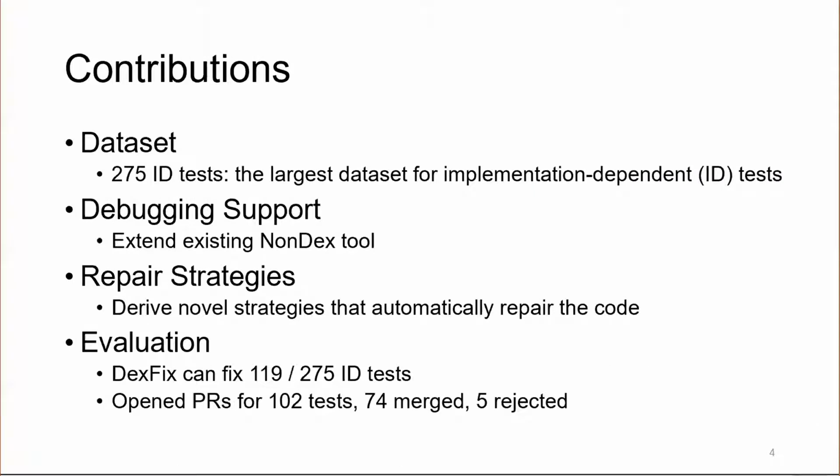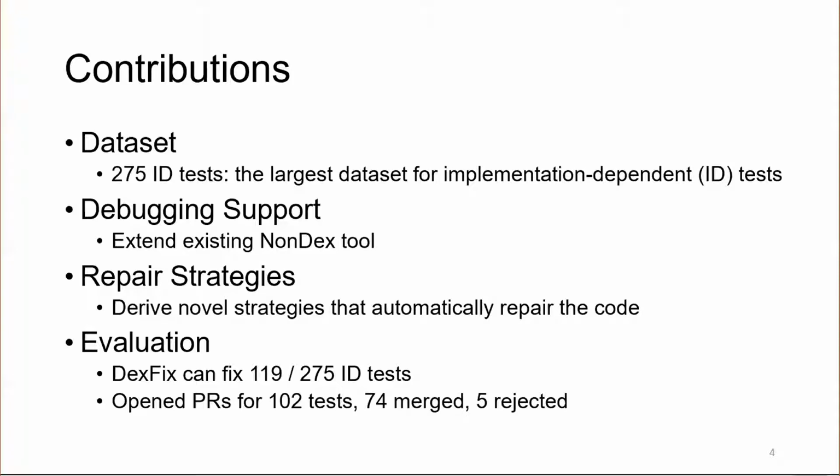For this paper, our contributions are as follows. Firstly, we provide a novel dataset of 275 ID tests. This dataset is the largest for ID tests, showing the prevalence of this problem among open source projects. Secondly, we extend the existing NonDex tool to provide more info for debugging ID tests.